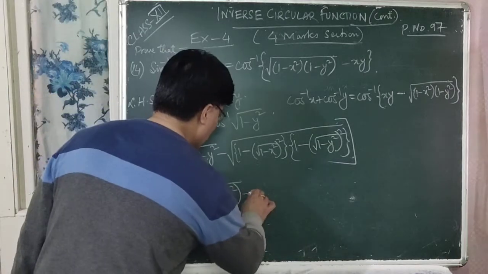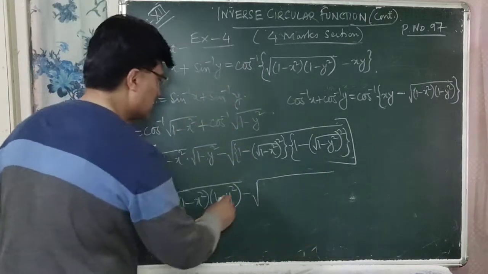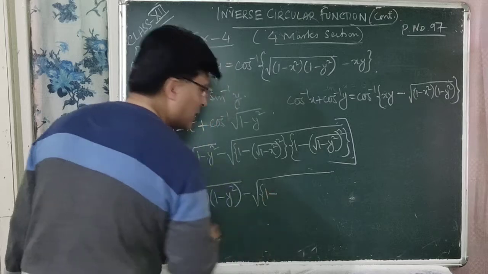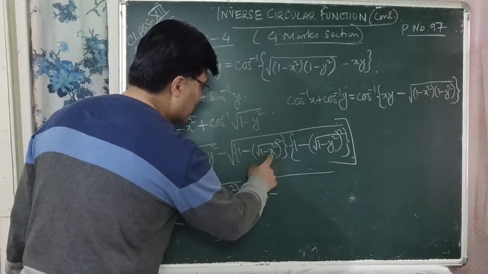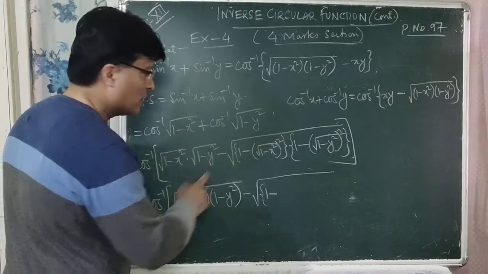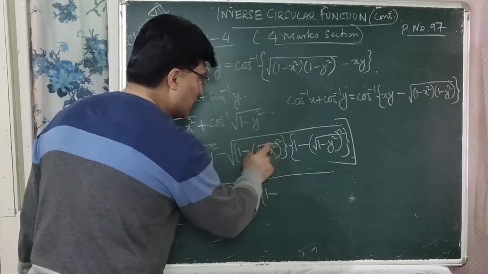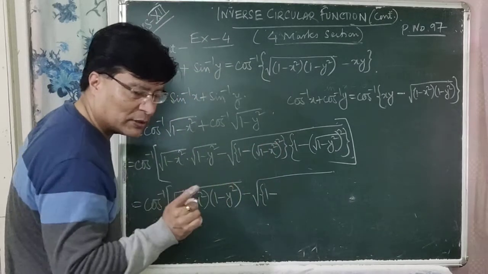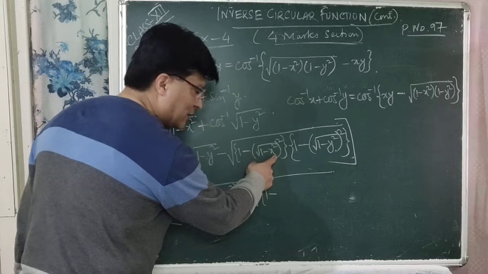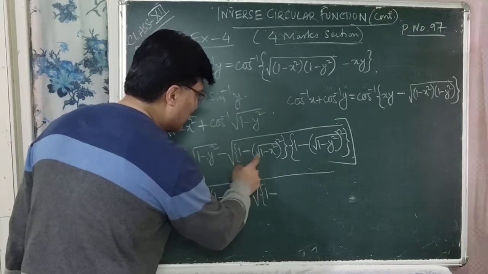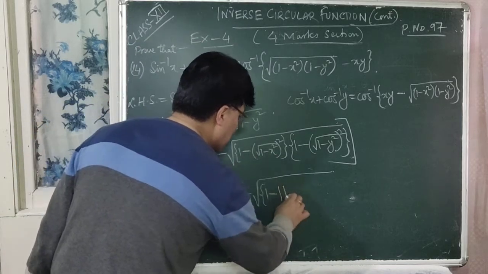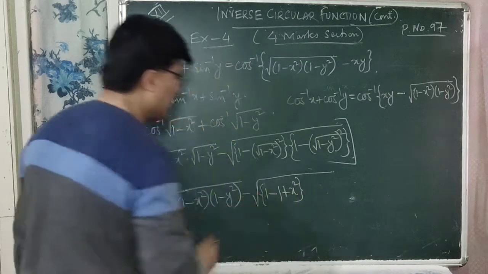Next, minus root over, now this is within second bracket 1 minus, what is root over 1 minus x square whole square? Square root will be removed. You will get 1 minus x square, isn't it? Then you have to multiply by minus sign. Minus 1, minus 2 minus plus x square.